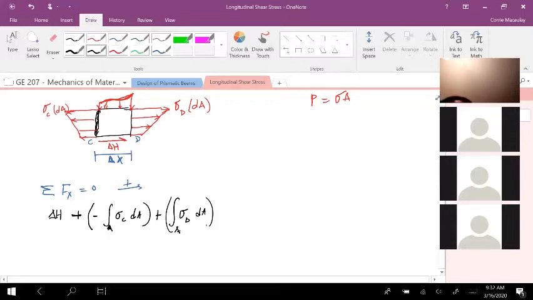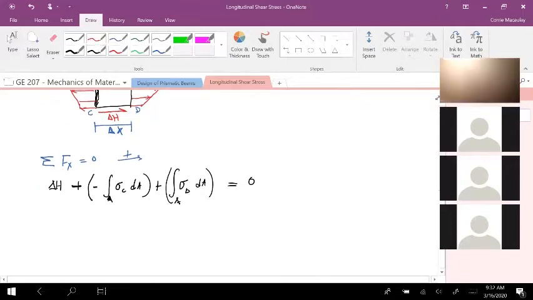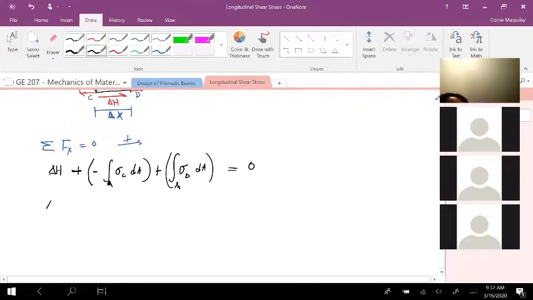So these are all the forces that are acting in that horizontal direction, the x direction. And of course, we can equate that to 0. So just using that equation, delta H equals, delta H minus the integral of sigma dA for beam bending. What is sigma?